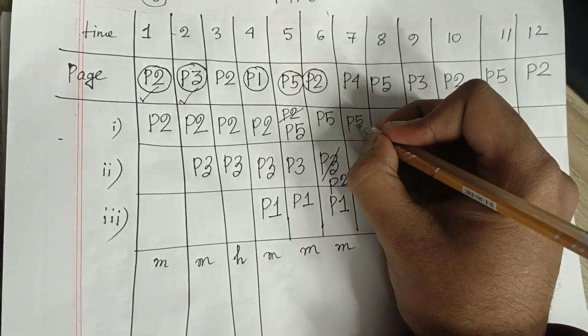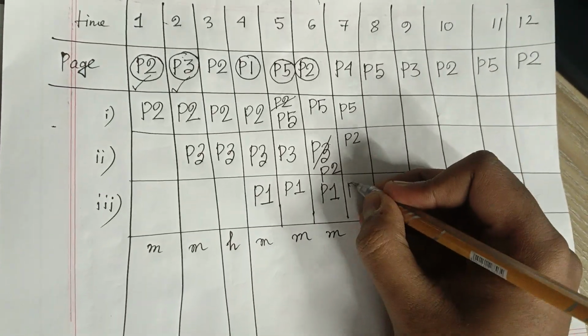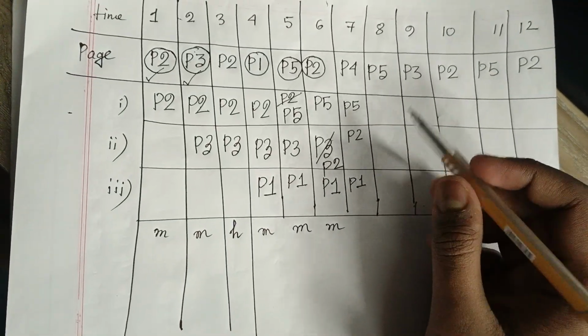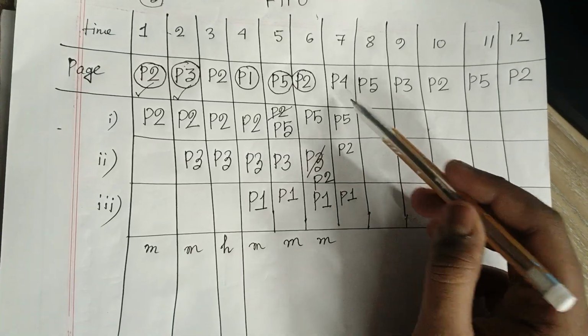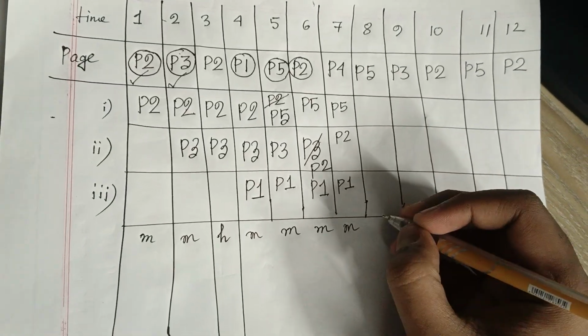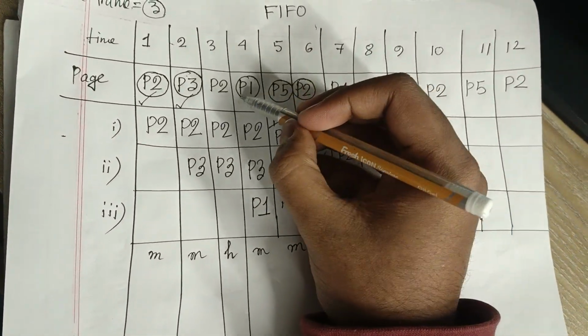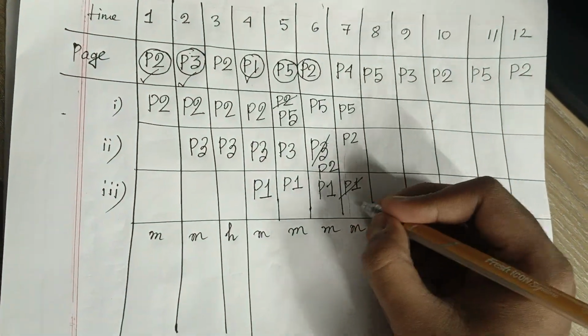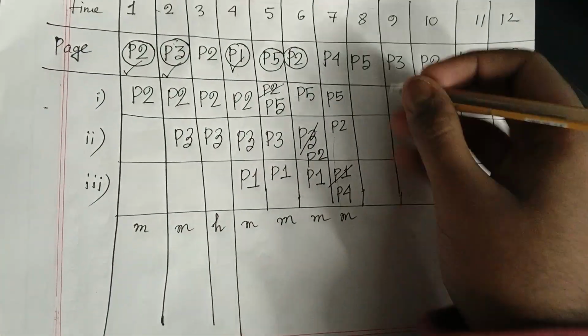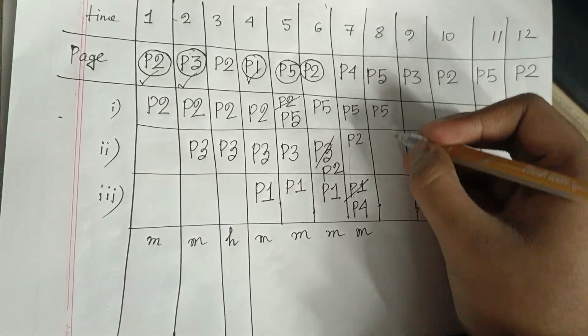Now again copy P5, P2, P1. Now P4, is this a miss? Yes, it is a miss. Where will we place P4? P1, exactly. So P4. Similarly, first copy all the blocks.